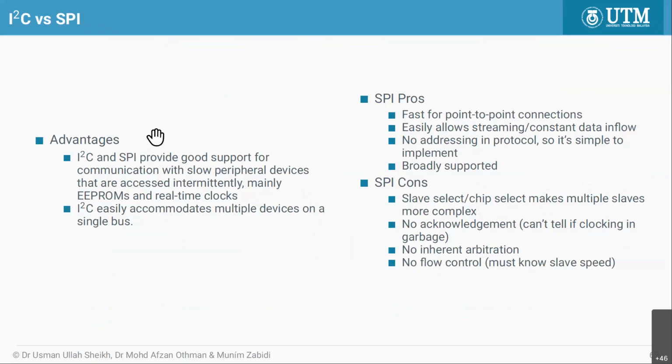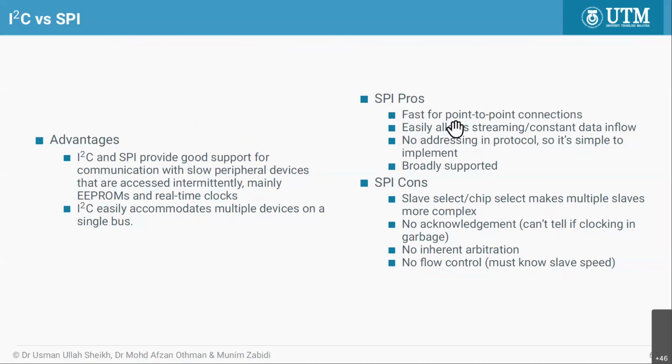Okay, so the advantages of SPI. Basically they are both slow and cheap, and with I2C you can put more devices on a single bus, but SPI is faster. Slow here is relative.